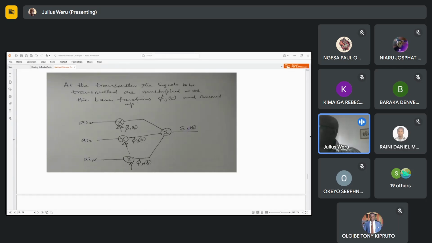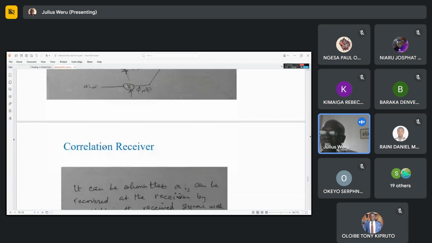So this is what has been transmitted. And in this case, we are demonstrating this, making the assumption that there is no noise. We are looking at the straightforward case of a noiseless channel. Yeah.